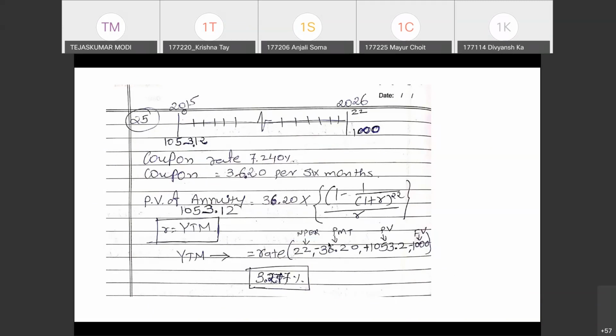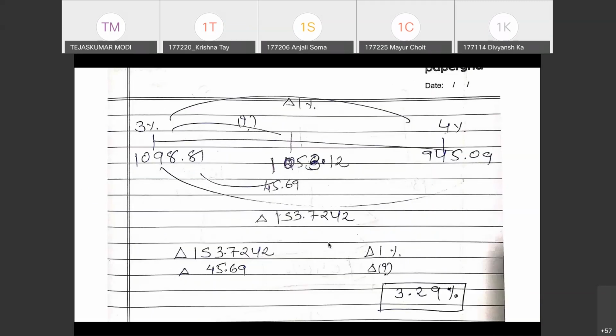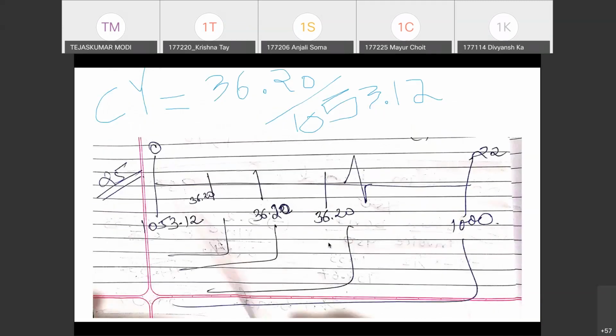Based on that, we will discount the 1053.12 to today's value, and also all the coupons that are available will be discounted. So the NPV should be zero. Then only it will be considered the exact rate, which is YTM. If it is not zero, and it's coming more than that, then we have to decrease or increase the percentage accordingly.